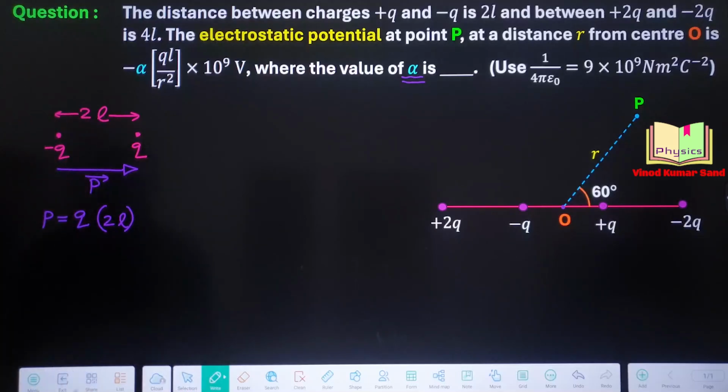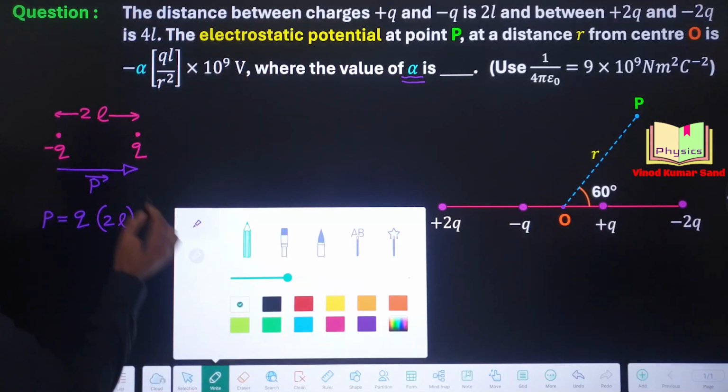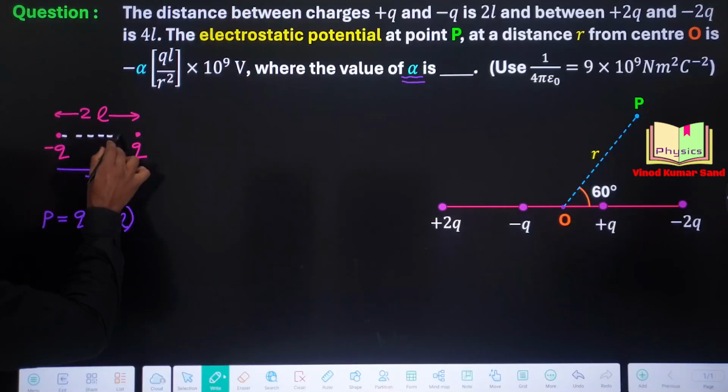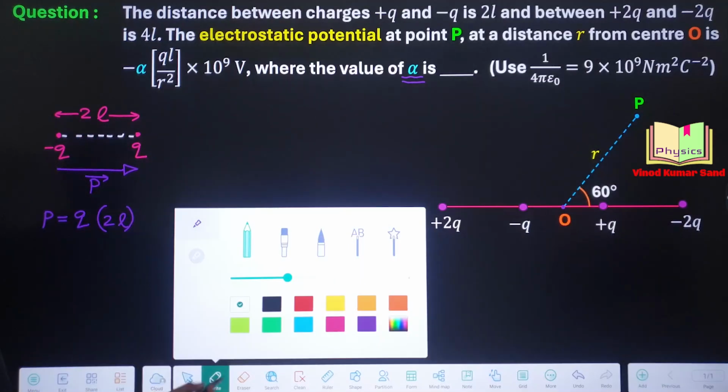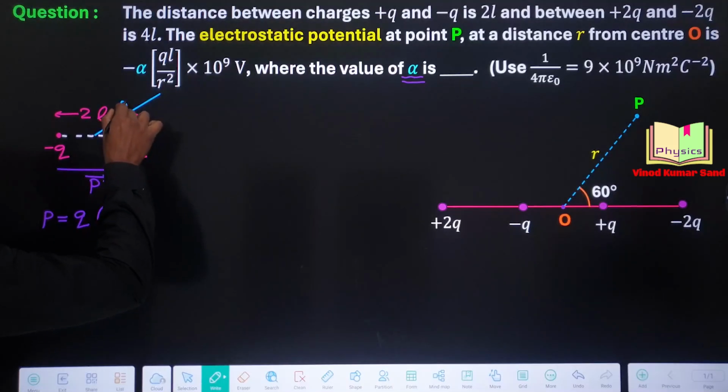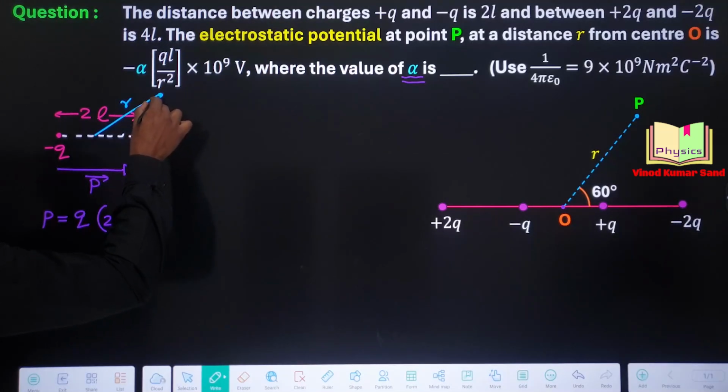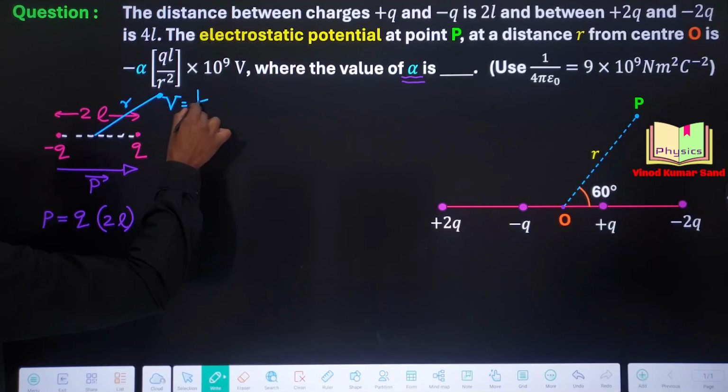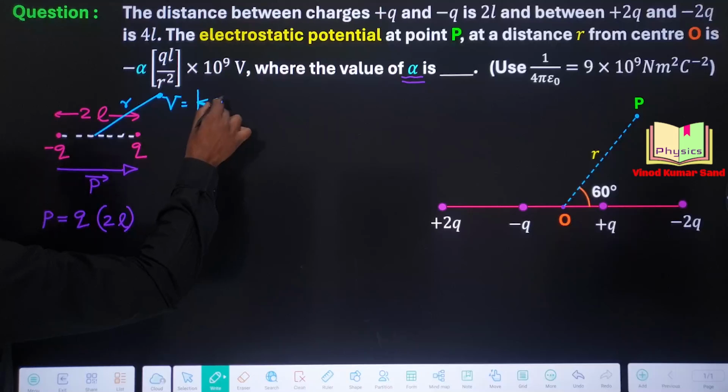Got it? Now, suppose we make a straight line joining these 2 point charges, and from the center of this straight line, we go at a distance r, and here we wish to figure out the electric potential. So the formula for the electric potential V is k P cos theta by r square.